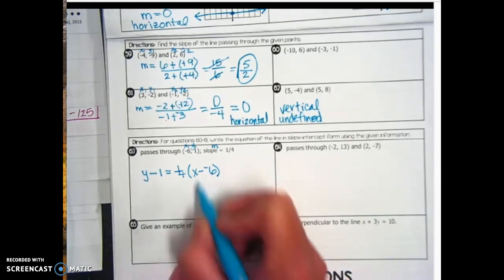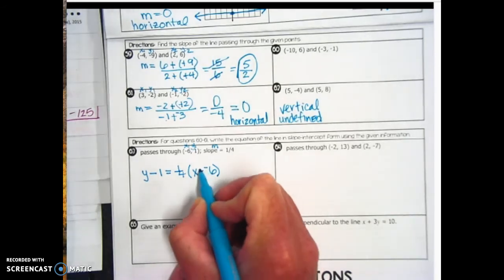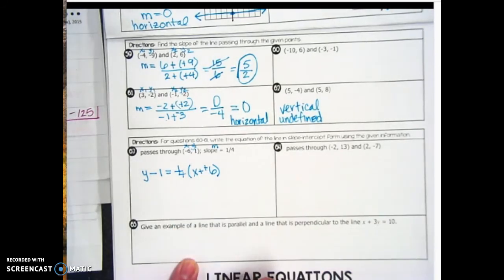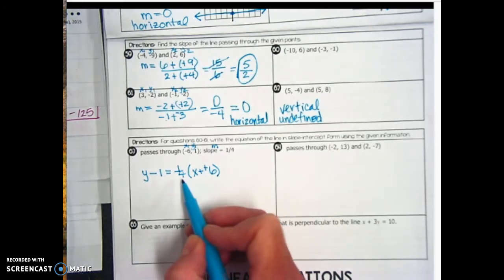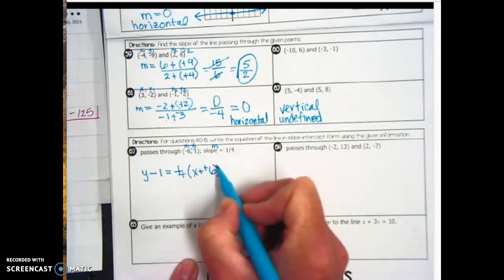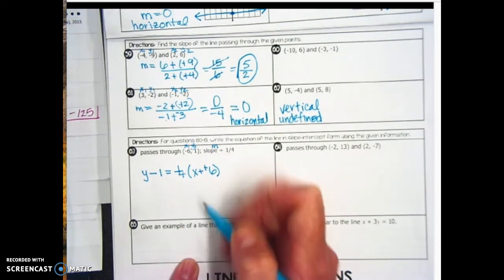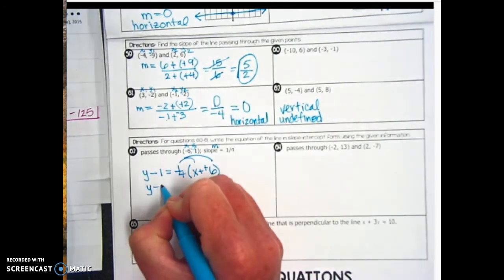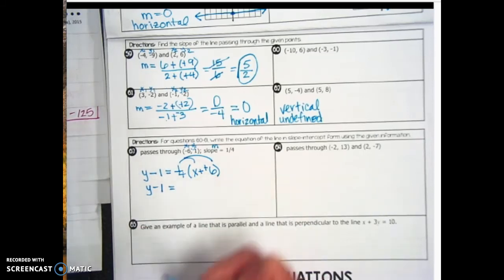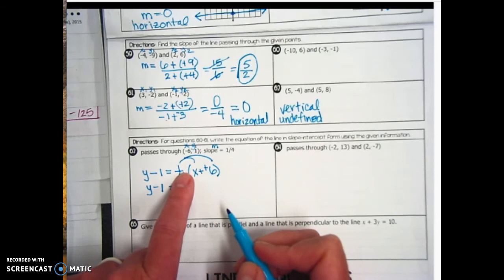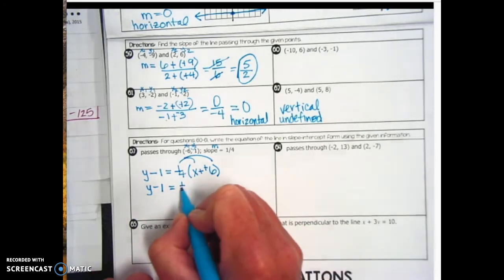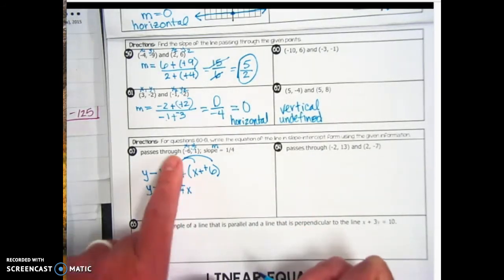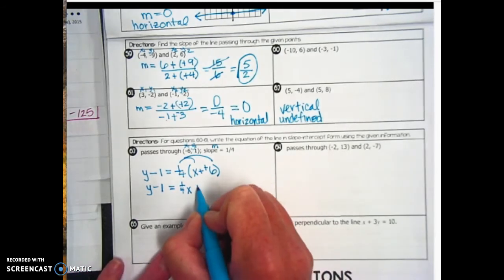So let's simplify here. We've got minus a negative, so let's change it to plus. And then we've got a set of parentheses and a fraction out front. So we're going to distribute here and here, right? So let's simplify that. Y minus 1 equals, and then 1/4 times x is 1/4 x. And 1/4 times 6 is 6/4.